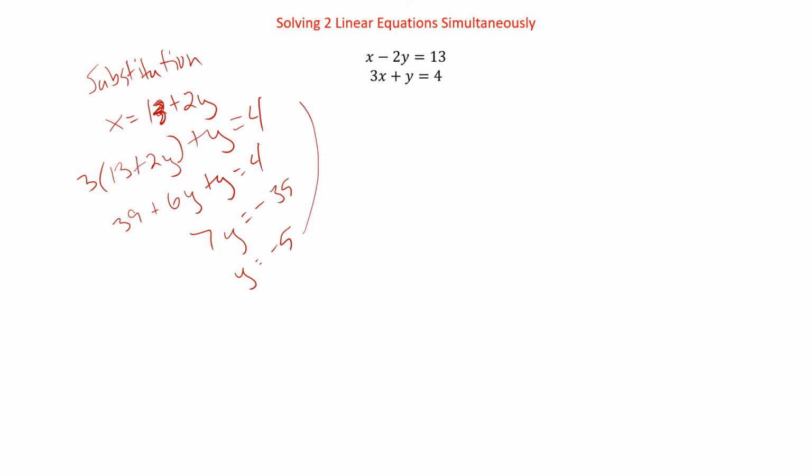Then we can plug that in up here. X equals 13 plus 2 times negative 5. That's negative 10 plus 13. X equals 3. So our solution is the point 3 comma negative 5. That's where those two lines intersect each other. So that's substitution.